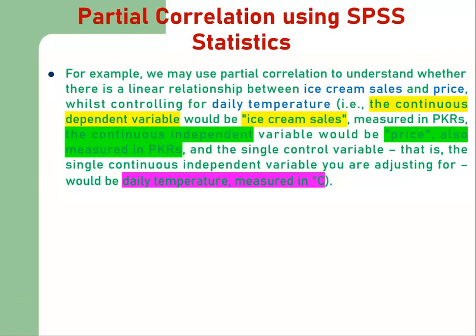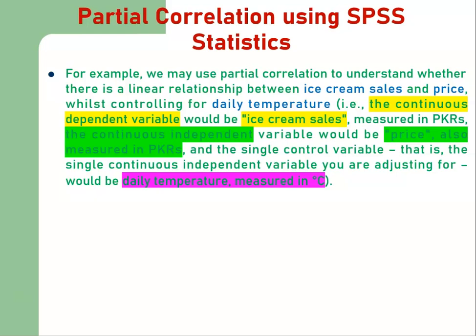We may give an example of such a relationship. We may use partial correlation to understand whether there is a linear relationship between the quantity of ice cream sold and the price of ice cream per cone while controlling for the daily temperature.